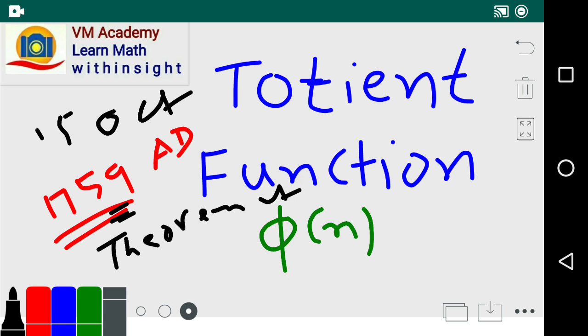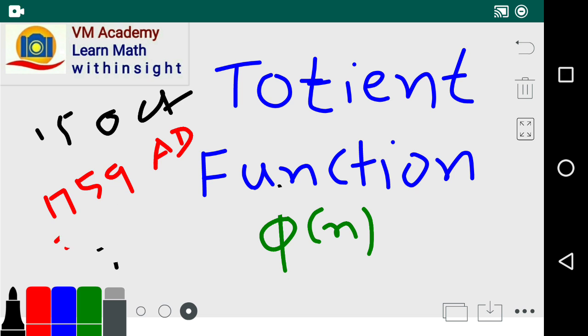Such was the title, and it was presented to the Petersburg Academy in 1759 AD.